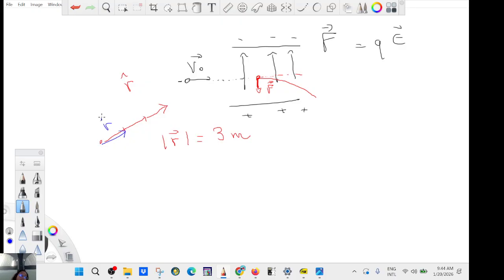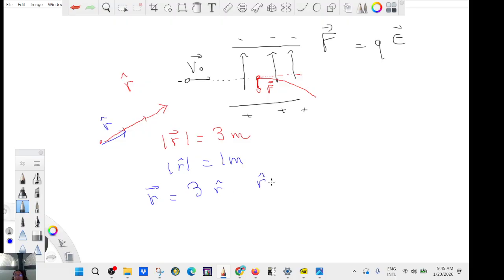I'm going to call that r hat. So the direction is the same. The magnitude is 1. That's why it's called a unit vector. So I can say the vector r is 3 r hat. So how do we find that r hat?